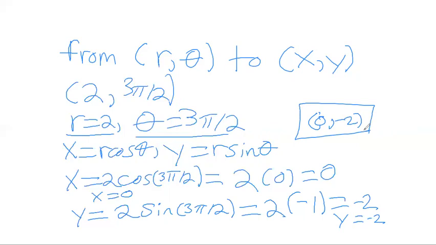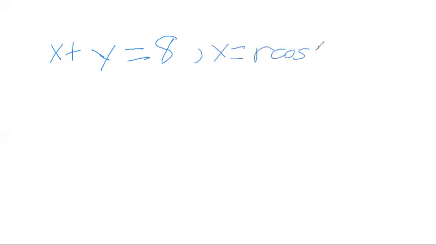Another important aspect is sometimes you have, okay, those are converting points, but now what if I have an equation in the xy plane, something like x plus y equals, let's say, 8. Again, I know x is r cosine theta, and y is r sine theta.